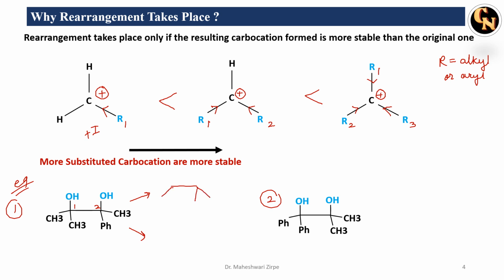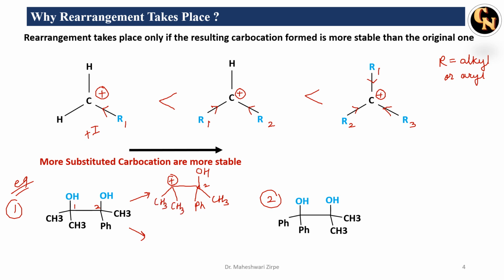So here the carbocation can be formed and your second carbon will carry the OH group. This is your second carbon. So here it is CH3, Ph, CH3 and CH3.